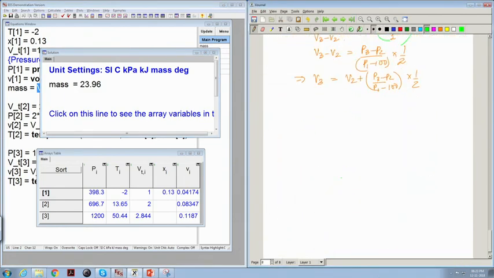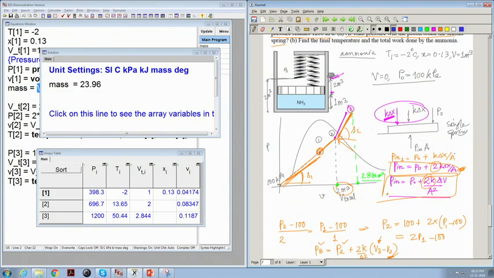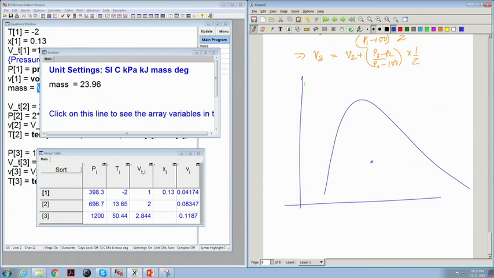Let's draw the schematic. So we have something like this going to this, and then with a higher slope, 1, 2, 3, and this is the minus 2 degrees Celsius isotherm for ammonia.